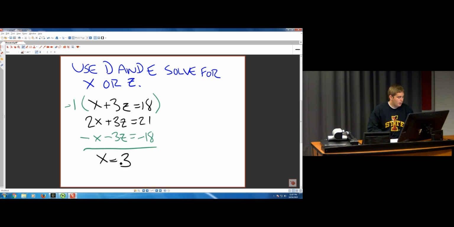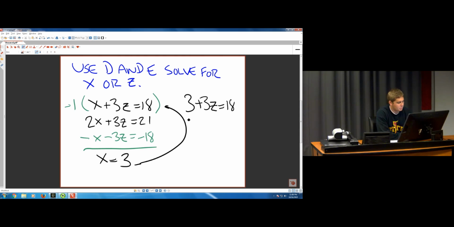Just like we did before, now that we've got our x, we can substitute that back into one of our equations, and we're going to get 3 plus 3z is equal to 18. To solve for z, we subtract 3 from both sides, and we get that 3z is equal to 15. And we get that z is equal to 5. So now we've solved for x and z.